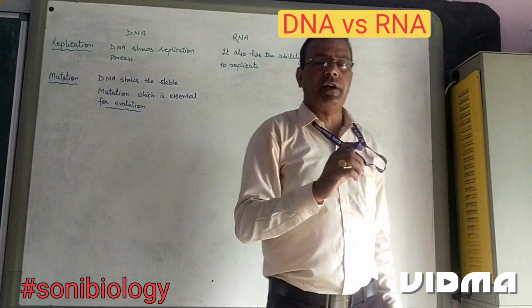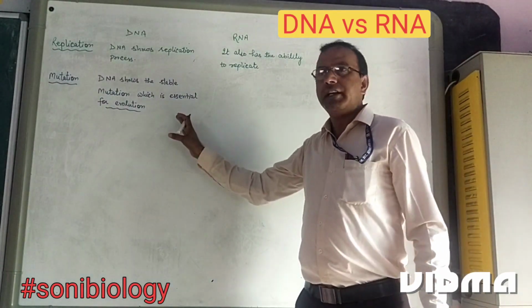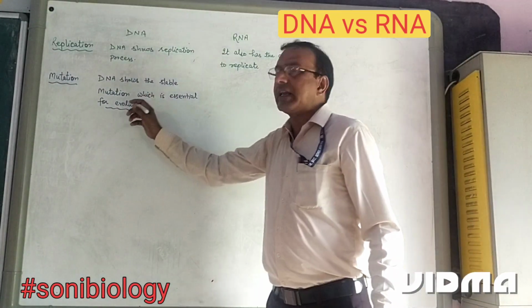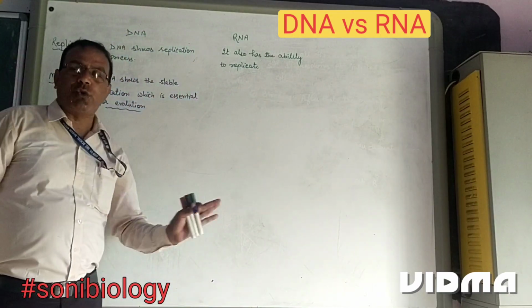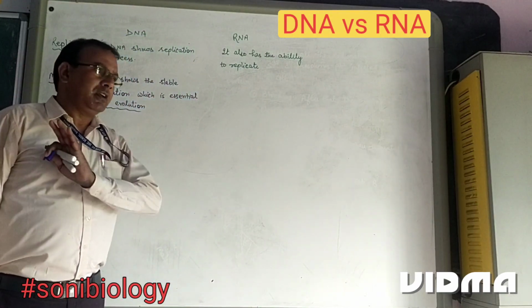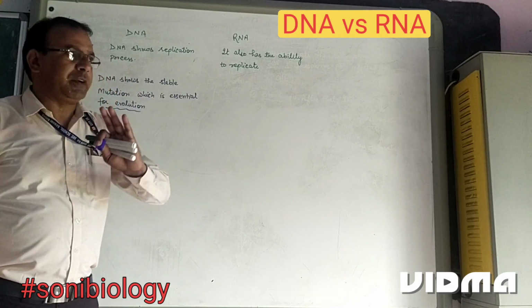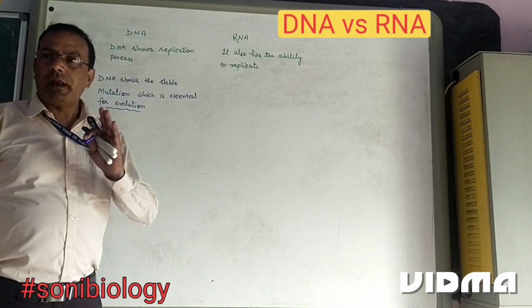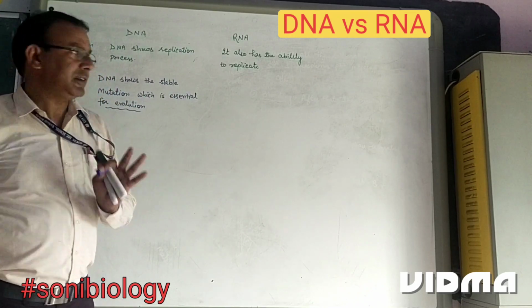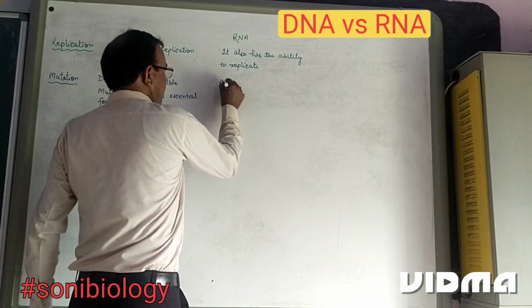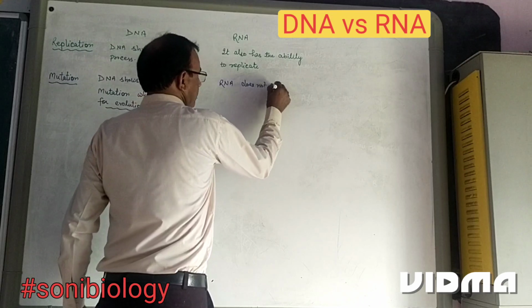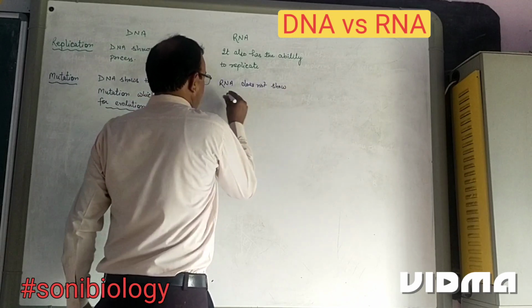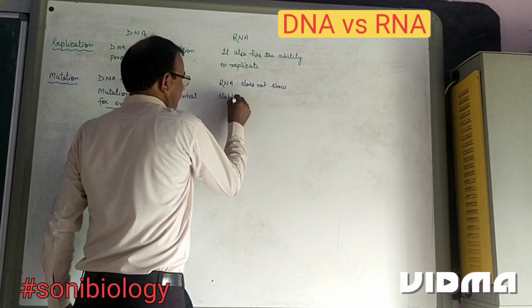DNA also shows mutation, but stable mutation. RNA does not show stable mutation. The difference between the offspring may suddenly be large. RNA does not show stable mutation.